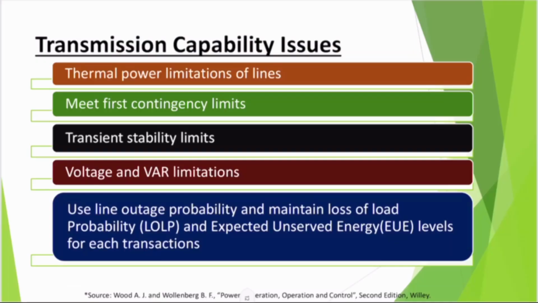Now, when you talk about transmission capability, each and every transmission line has a certain capacity to carry. Imagine a transmission line which has a capacity of 100 megawatt hour or 100 MVA. Those limits need to be optimally utilized, and we can load the lines with some 5 to 6% excess, but it is not desirable.